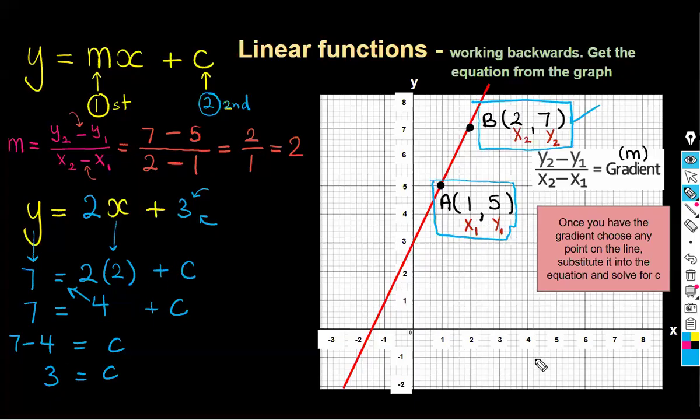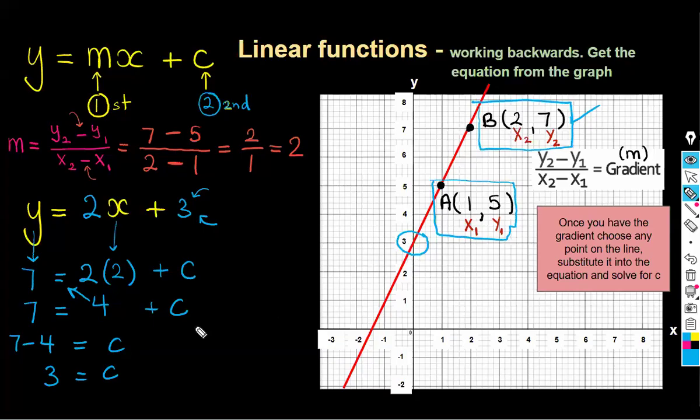Also, some people are saying, for this question, I didn't need to work out y is 3. There was an easier way. Isn't c the y-intercept? Isn't the y-intercept where it slices the y-axis? So instead of doing all of this calculation, I could have just watched my graph and said, hey, the y-intercept is where the red line slices the y-axis.